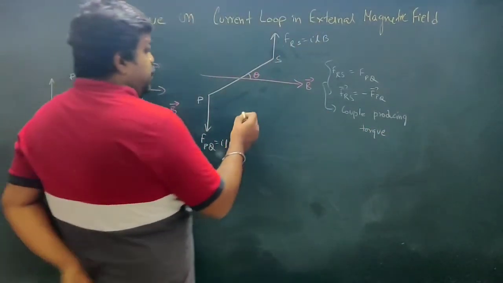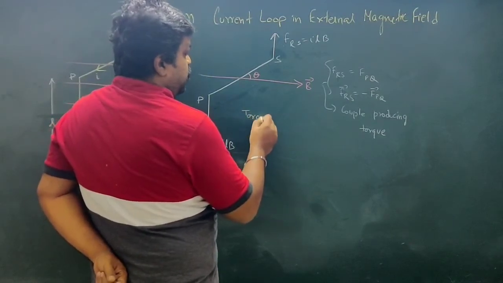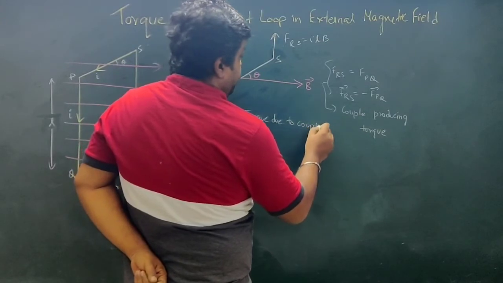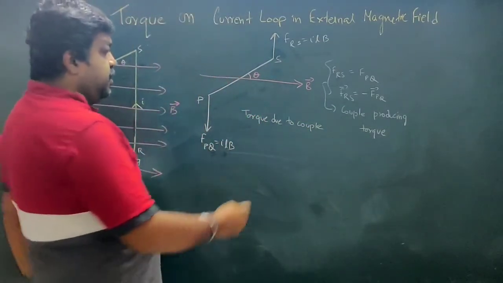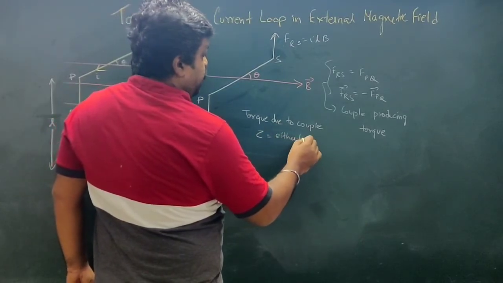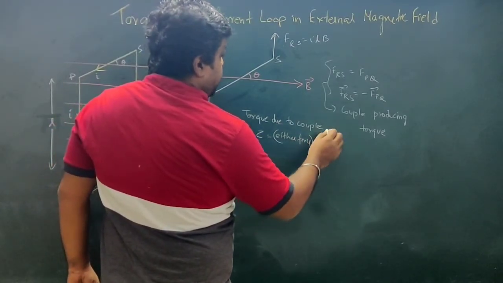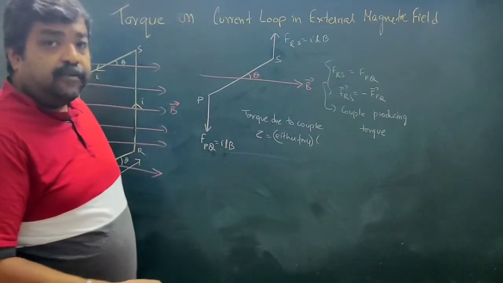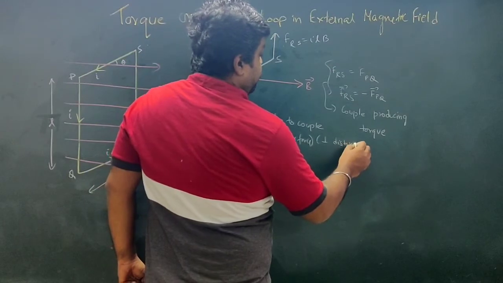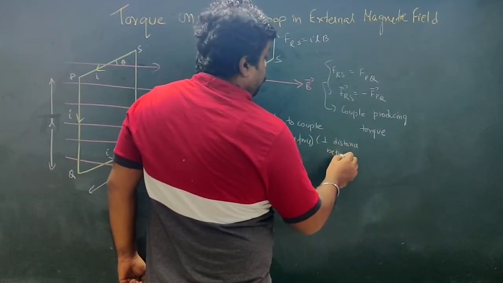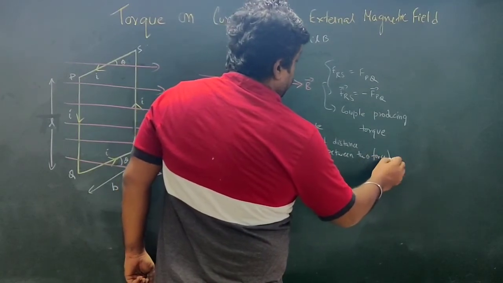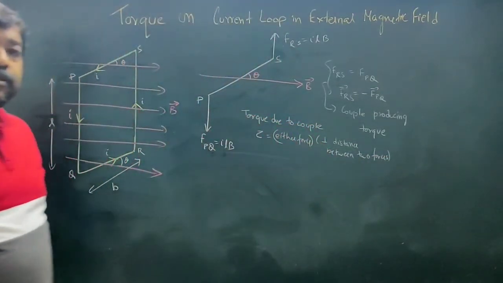Okay. Now we know that torque due to couple, tau is equal to product of either force and perpendicular distance between the two forces. Okay.